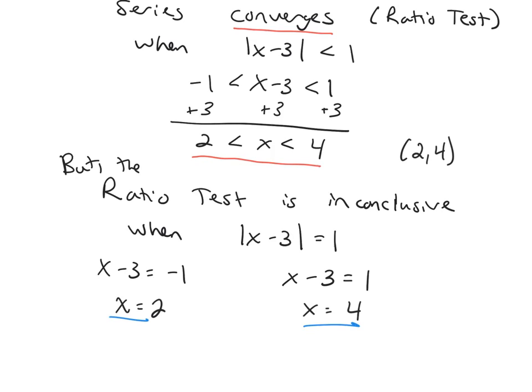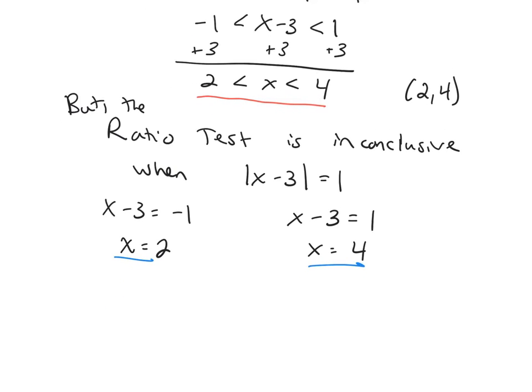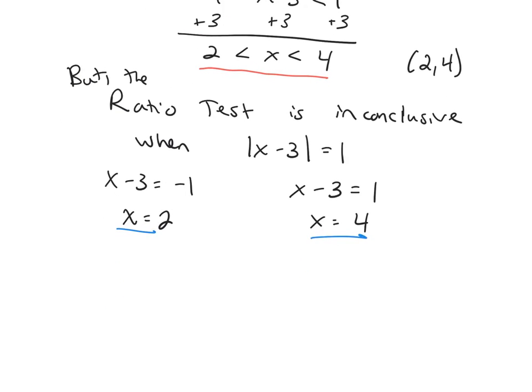So in order to check these, you go back to your original series and plug in those values of x. Okay, so I'm going to rewrite my original series. It was n equals 1 to infinity, x minus 3 to the n over n.